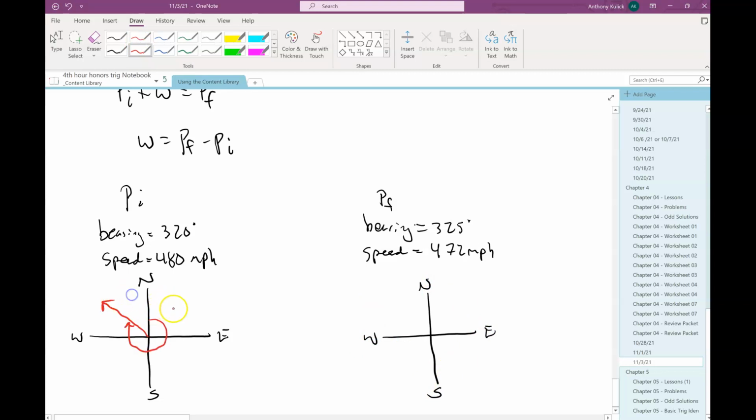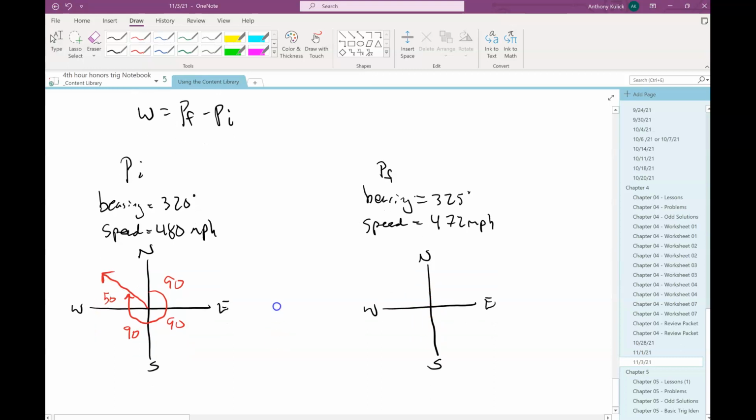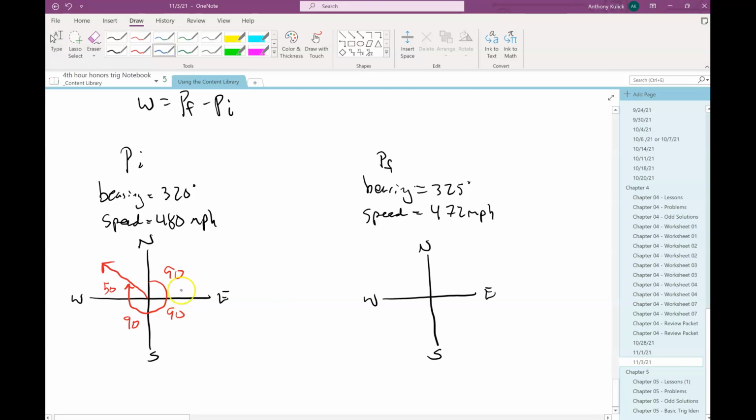So somewhere over here. So 90, 90, 90, and then 50. And same, well, so my standard position is 90 plus 40 more. Do the same thing over here.